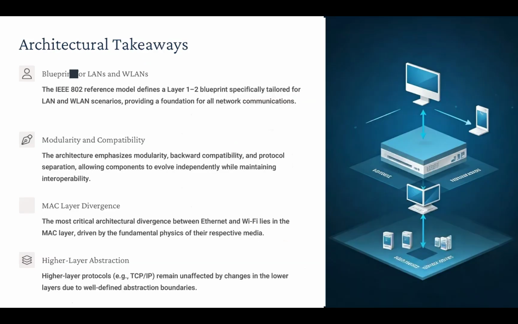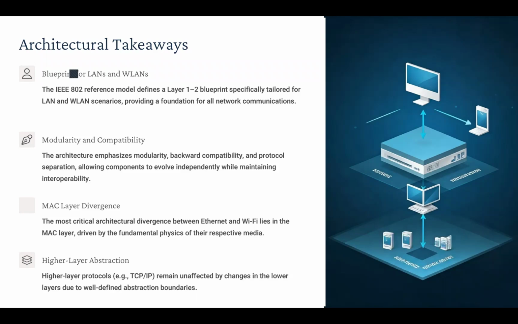Now, there are some takeaways in the architecture of IEEE 802. The IEEE 802 reference model serves as a specialized blueprint for layer 1, the physical layer, and layer 2, the data link layer, and is developed specifically to support the structure and function of local area networks, the LANs, and wireless LANs, WLANs.